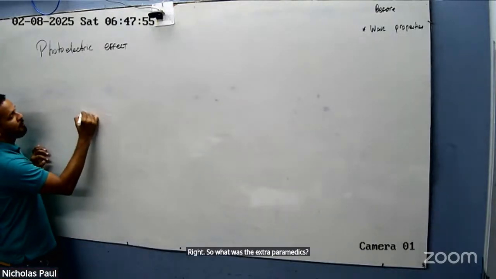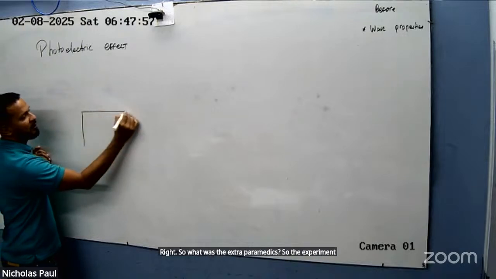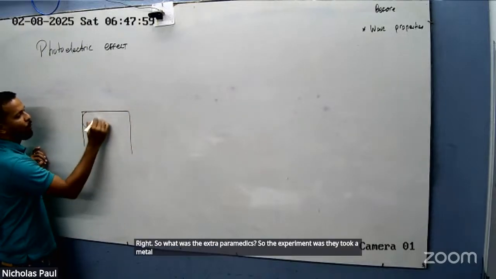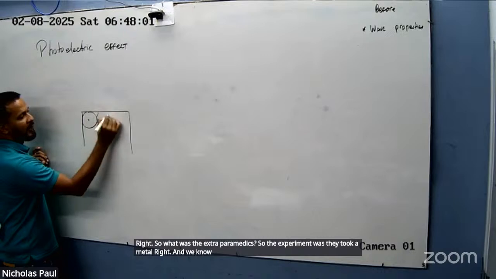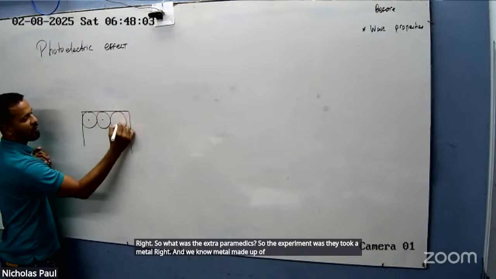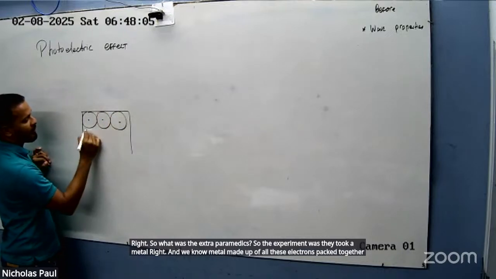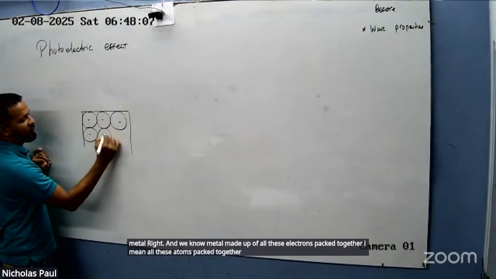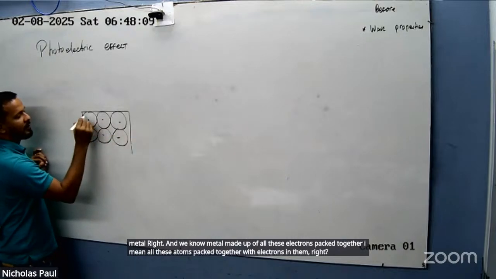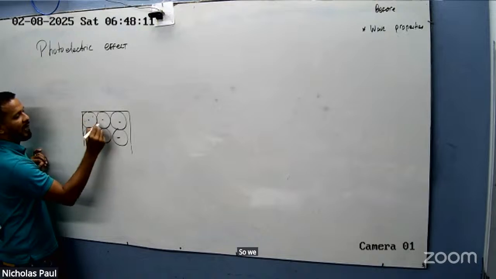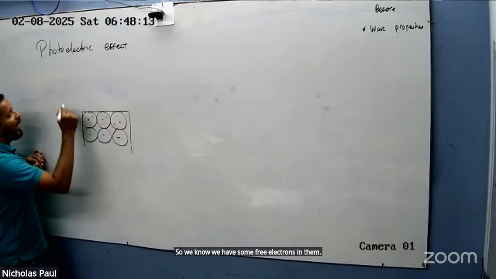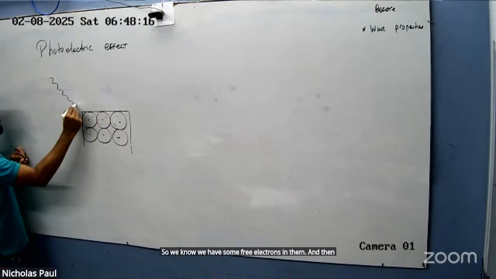So the experiment was they took a metal, right? And we know metal is made up of all these atoms packed together with electrons in them, right? So we know it has some free electrons in it. And then it had radiation.